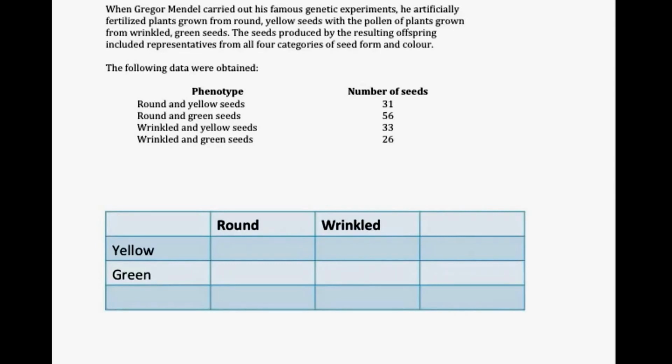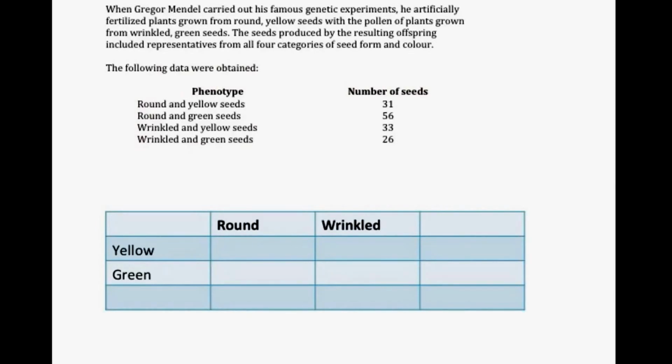He grew them from round yellow seeds and crossed them with peas with wrinkled and green seeds, and then he looked at the offspring at the F1 generation, and he checked out what he got, and he got these numbers. So what I want you to do now is dissect this data, place it in the table, and also calculate the marginal totals. I give you a few minutes to carry out this task.